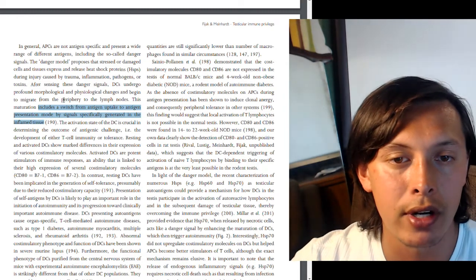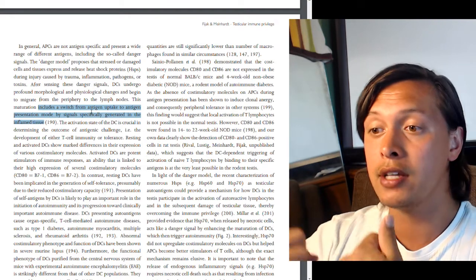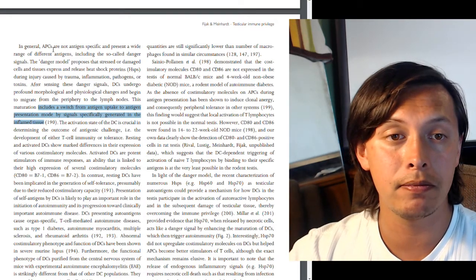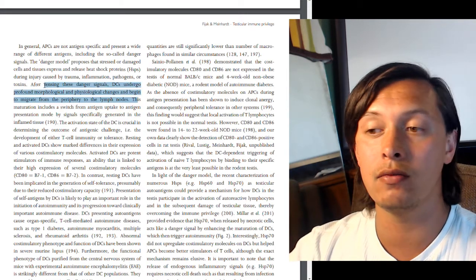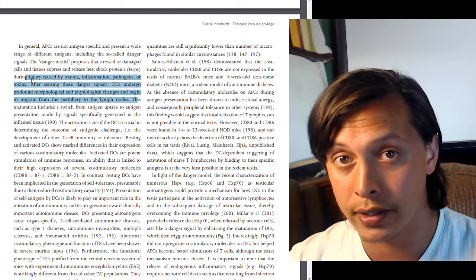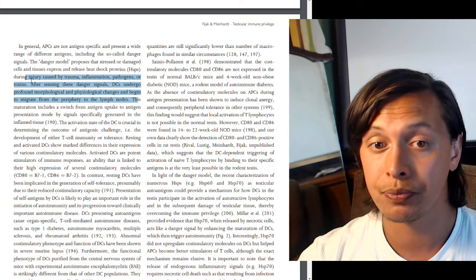I can't remember exactly which one. But anyways, the dendritic cells sense these heat shock proteins, and when they feel them, that tells them, oh, things are going down right now. I need to go into the lymph node and mature.